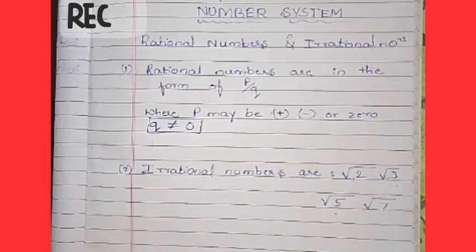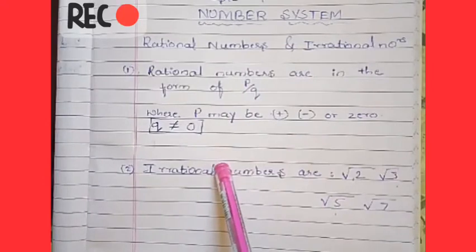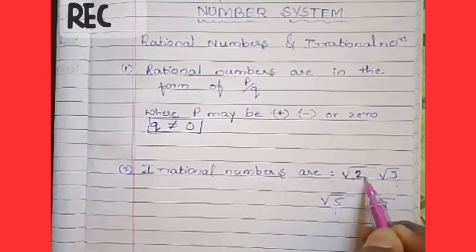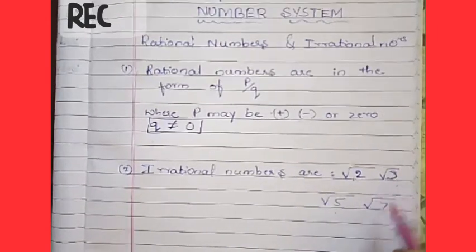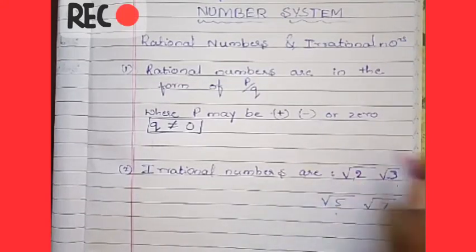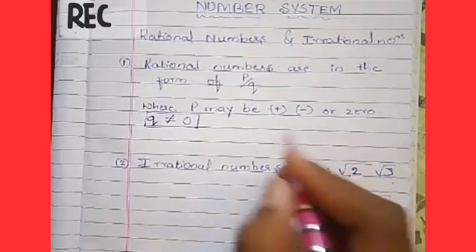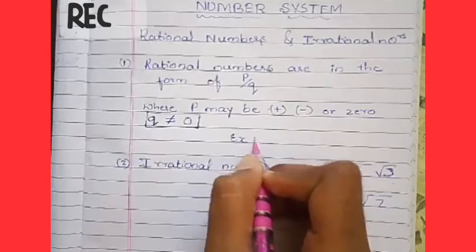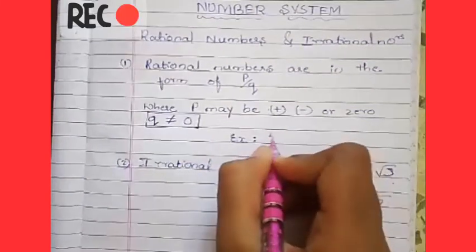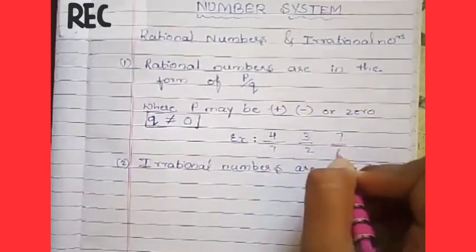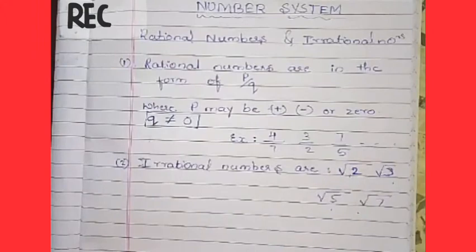Okay, so these are in the form of fraction. 2 is not a perfect square, 3 is not a perfect square, 5 is not a perfect square, 7 is not a perfect square. These are examples for irrational numbers. And examples for rational numbers are 4 by 7, 3 by 2, 7 by 5, etcetera.